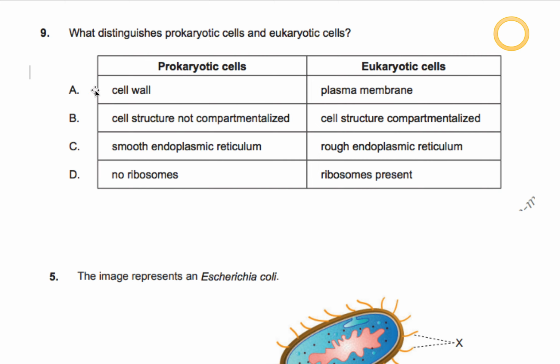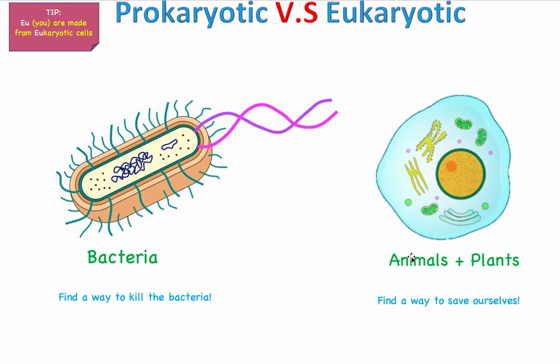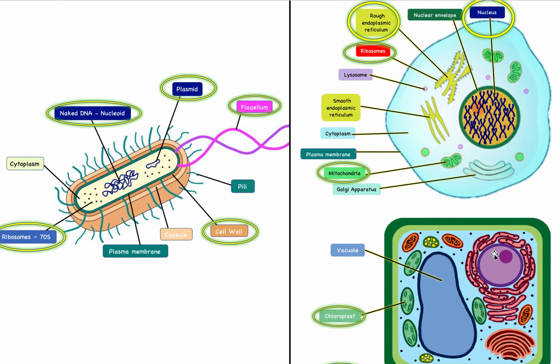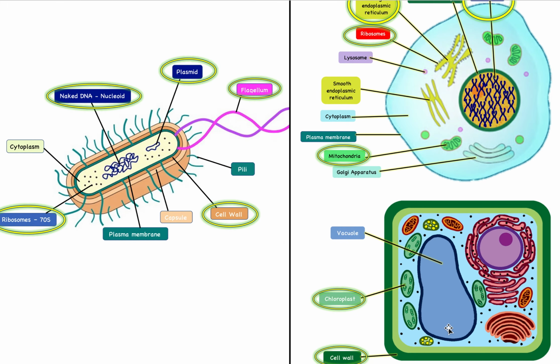So, A, cell wall, plasma membrane. No, this is not the case because although, yes, prokaryotic cells do have a cell wall, so do some eukaryotic cells. We know that eukaryotic cells are animal and plant cells. So here is an animal and here is a plant cell.